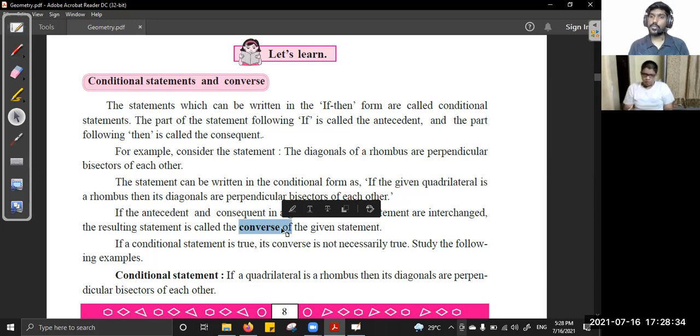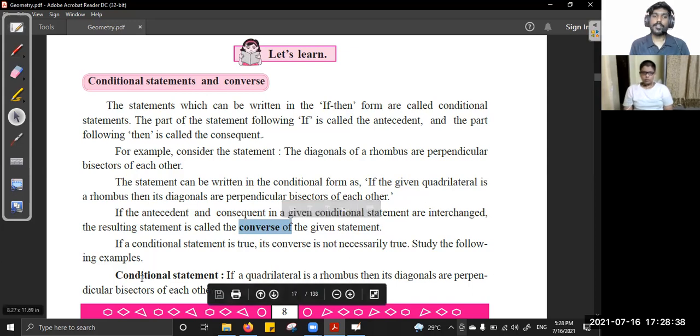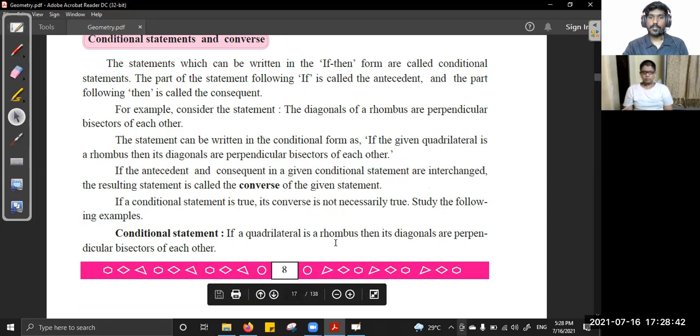Converse is usually opposite or the other way around. So if a quadrilateral is a rhombus, then its diagonals are perpendicular bisectors of each other.